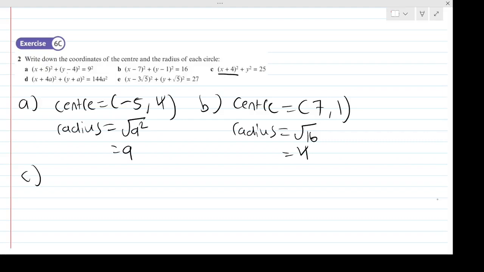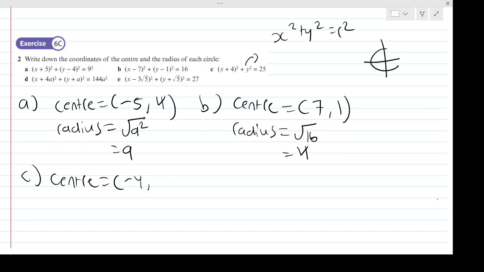Let's do part C then. We have (x + 4) squared and y squared is 25. So the centre, firstly, for x, instead of plus 4, it's minus 4. But y, oh, hang on, it's just y squared. What you can say there is it's kind of like the formula for the circle at the origin, so y is 0.